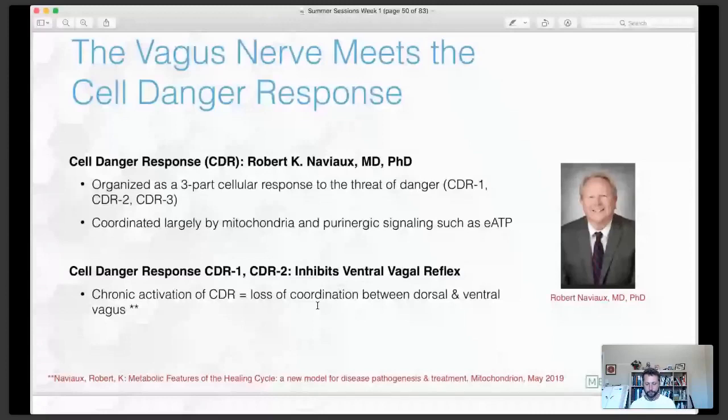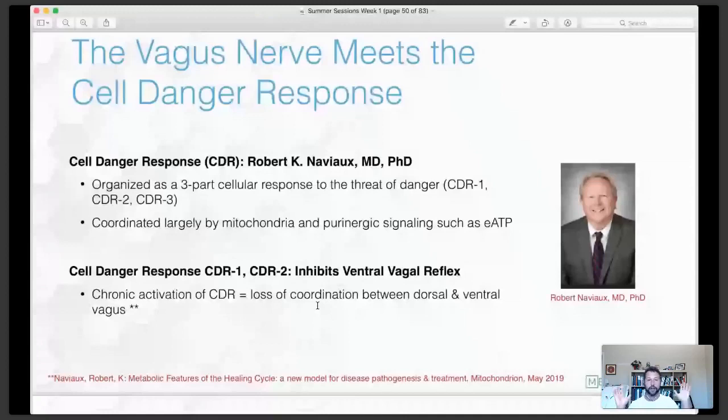It largely involves the mitochondria of the cells and the extracellular ATP. The ATP gets thrown into the extracellular environment and becomes a neurotransmitter that coordinates with the immune system. People get stuck in CDR1, CDR2, or CDR3, and in his new paper he has elaborated on over 100 diseases that involve the cell danger response.